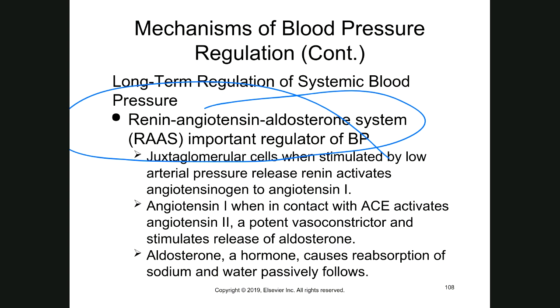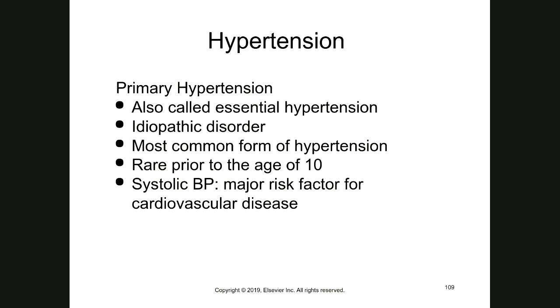Then we jump to hypertension. I did this question, and believe it or not, I have some people with some doubts about this particular primary hypertension because in the test I mentioned that this one is idiopathic and sometimes also called essential hypertension. And many people have some difficulties to remember that.